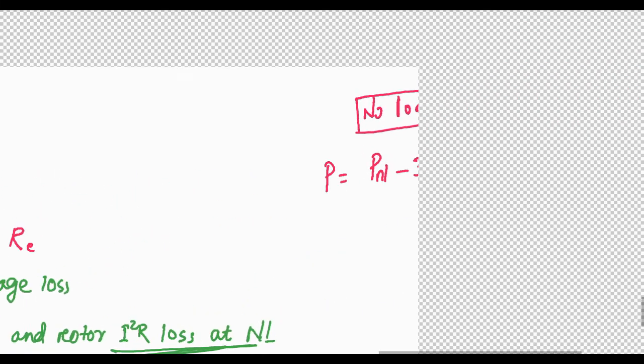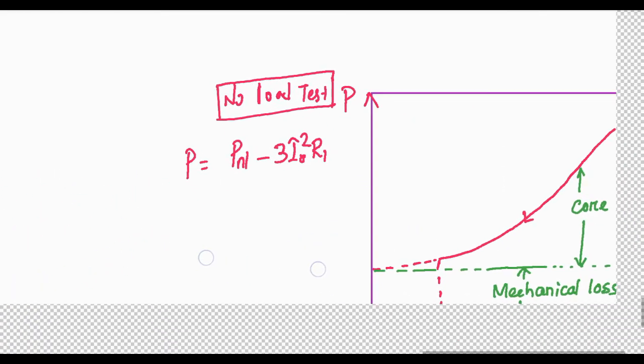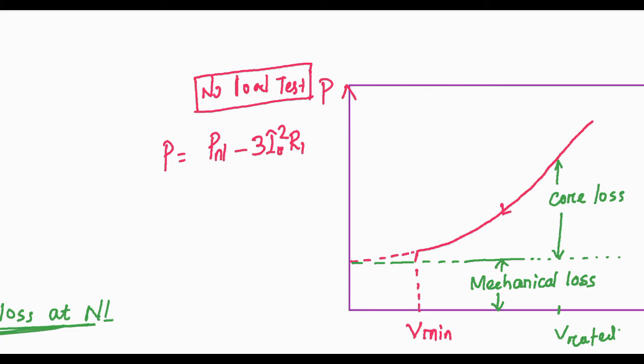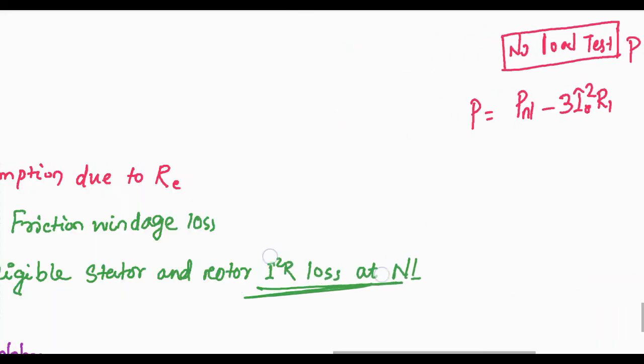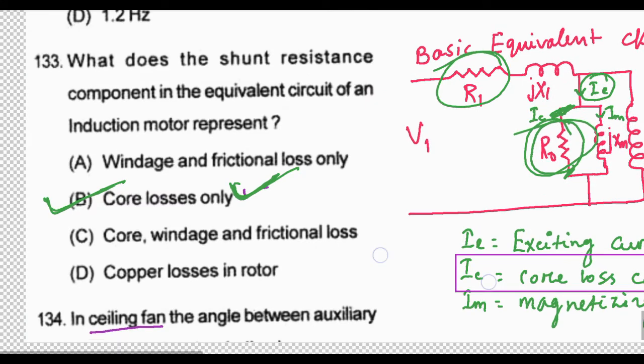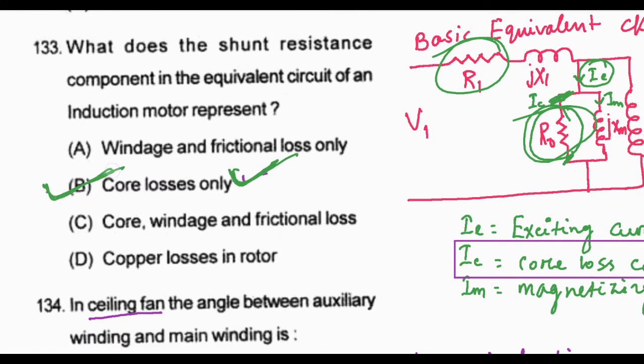And from the no load loss in the no load test we can find out the mechanical loss also, like this. I am not explaining this one right now. So answer here is the core loss.